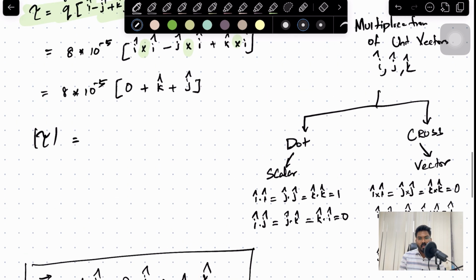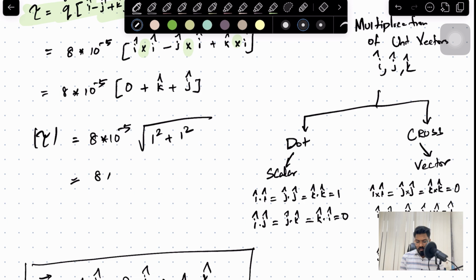Now in this case we have tau whose value we already know, 8 into 10 to the power minus 5, and I want to calculate the magnitude of this. 0 square we're not going to consider, 1 square plus 1 square. If you do this, we get 8 into 10 to the power minus 5 root 2. However, tau value they have already given us.